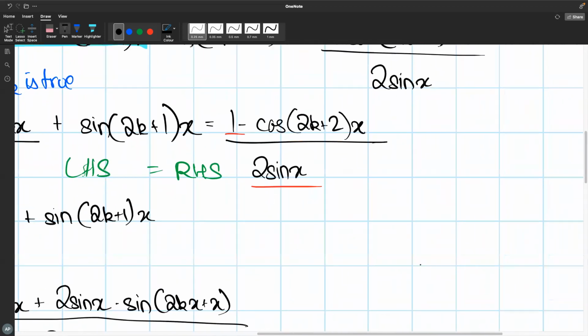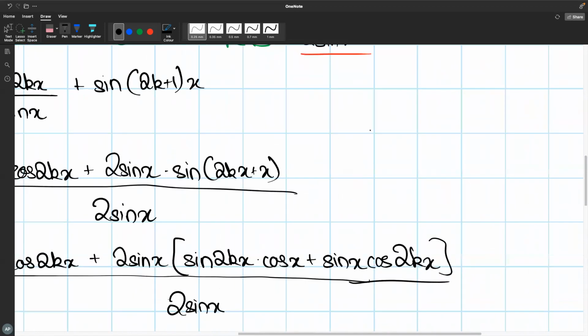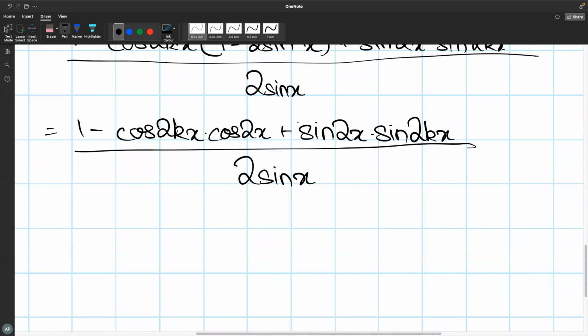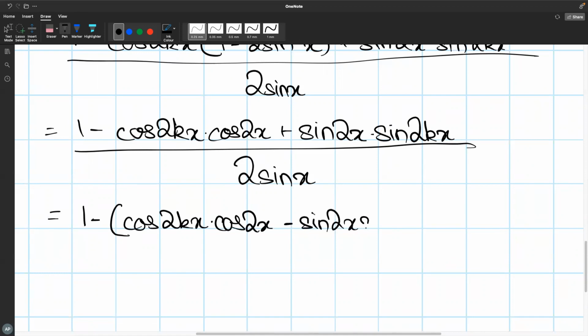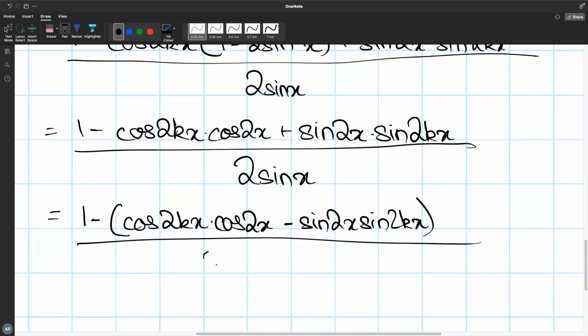Now, over here, we're supposed to prove 2kx plus 2x, and we know that that identity would have a negative between the two multiplied terms. So what we can do is write this as 1 minus cosine 2kx times cosine 2x minus sine 2x sine 2kx over 2 sine x.